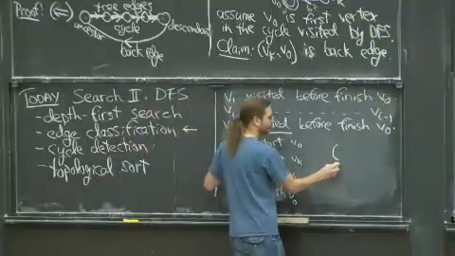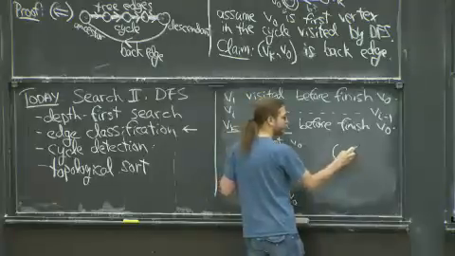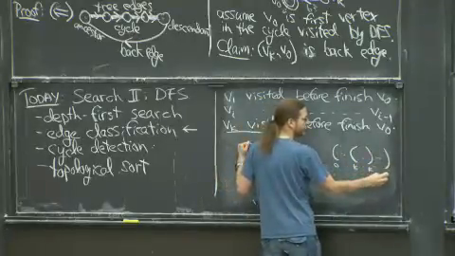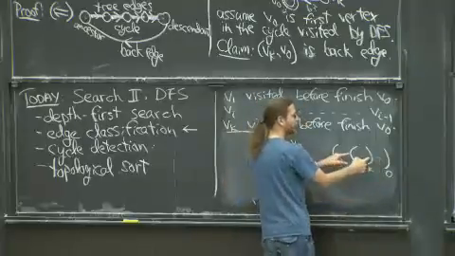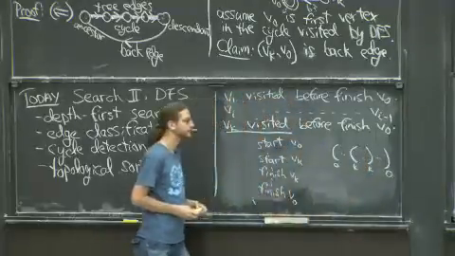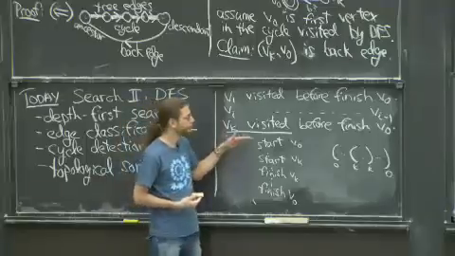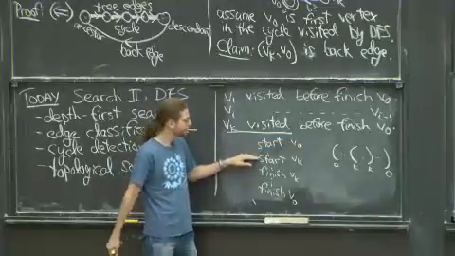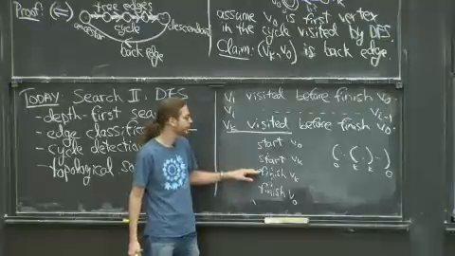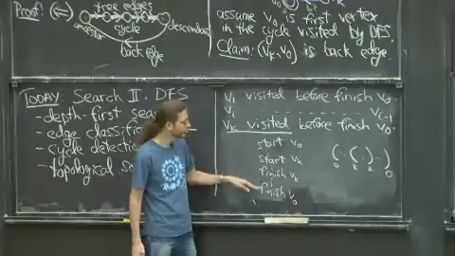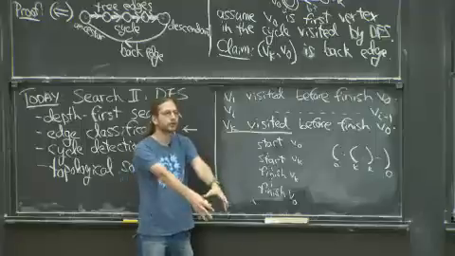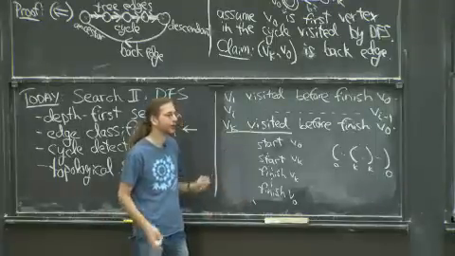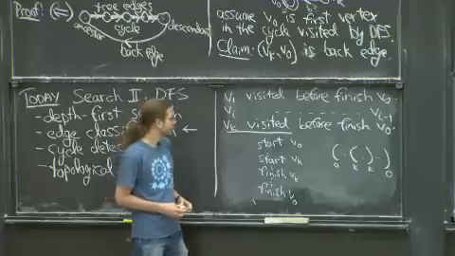These match up, and they're balanced. Depth first search always looks like that, because once you start a vertex, you keep chugging until you've visited all the things reachable from it. Then you finish it. You won't finish v0 before you finish vk, because it's part of the recursion. You can't return at a higher level before you return at the lower levels.